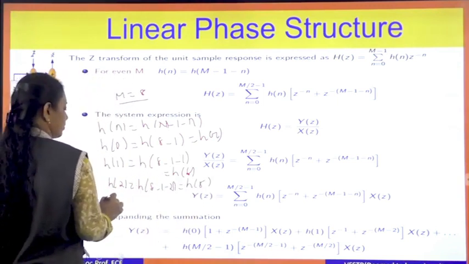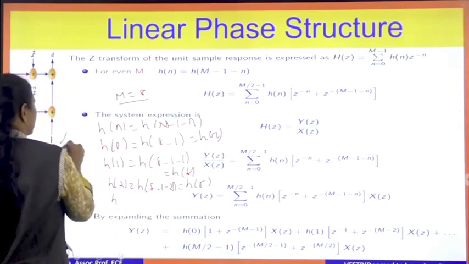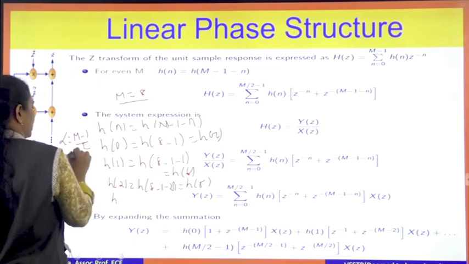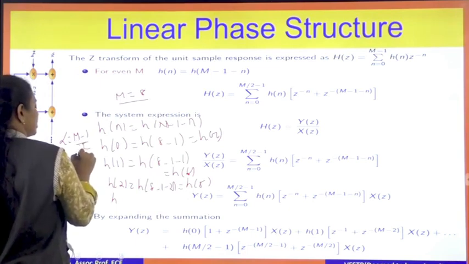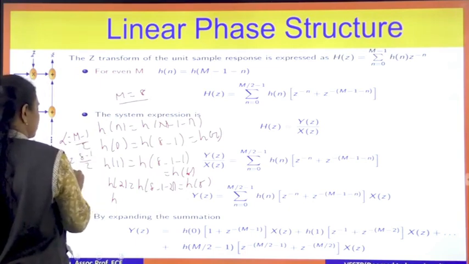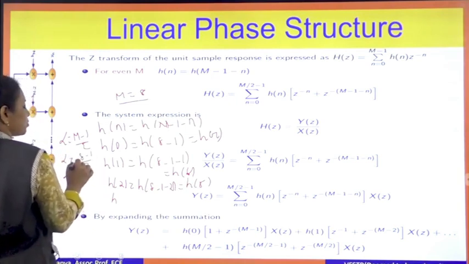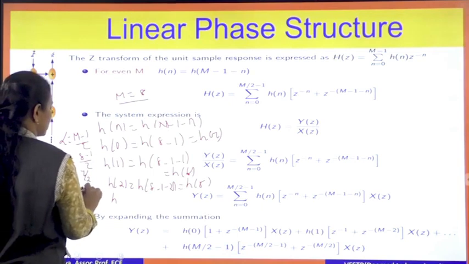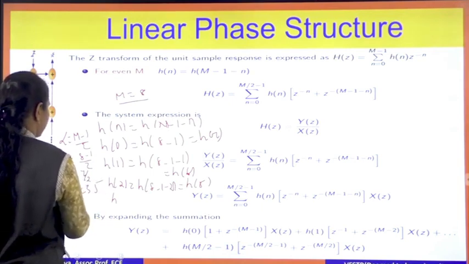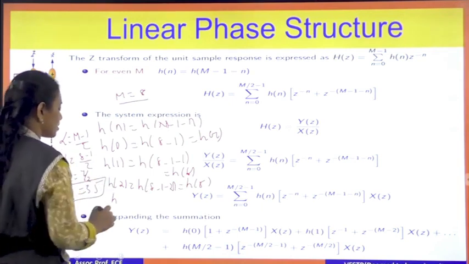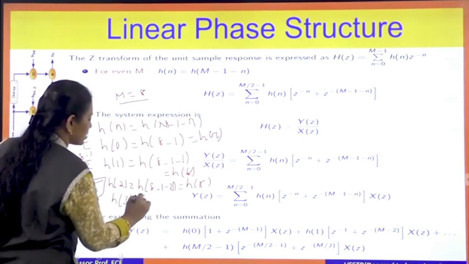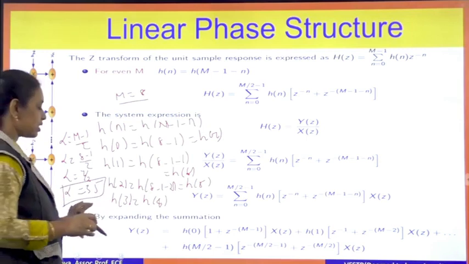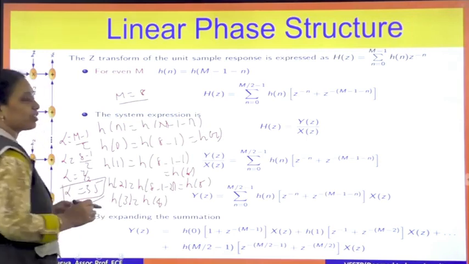And if you see, alpha equal to (M minus 1) by 2, that is (8 minus 1) by 2, 7 by 2, which is 3.5. So alpha is 3.5, my center of symmetry, and h of 3 is equal to h of 4. So these are the conditions, and the center of symmetry is 3.5.